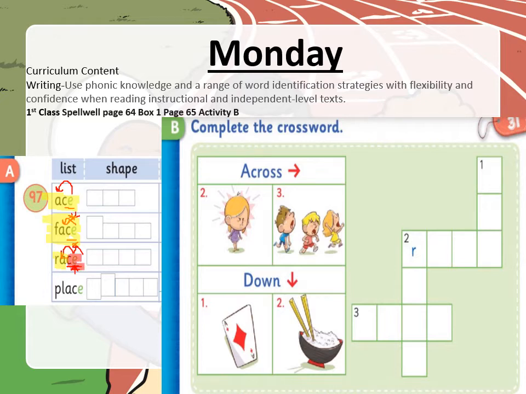And finally, magic E once again turning the A into the A and the CE making the S sound. Place. A place, boys and girls, is a noun, so color it yellow, please.